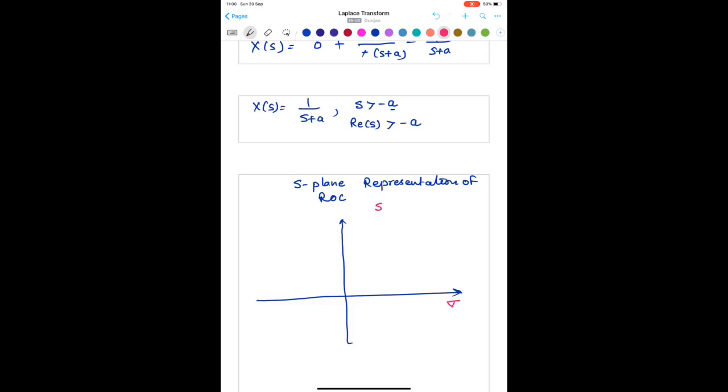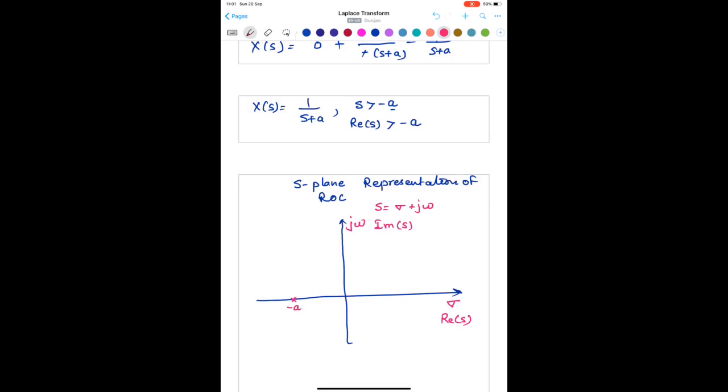Why? Because s is equal to sigma plus j omega, and this is j omega. Sometimes in some books it is written as real s, and this is written as imaginary s. That is also true.